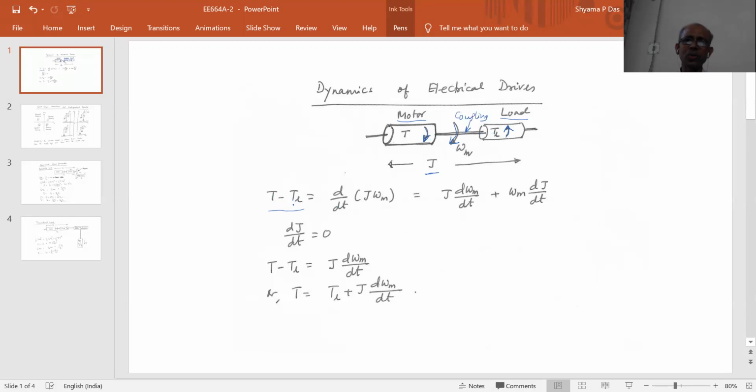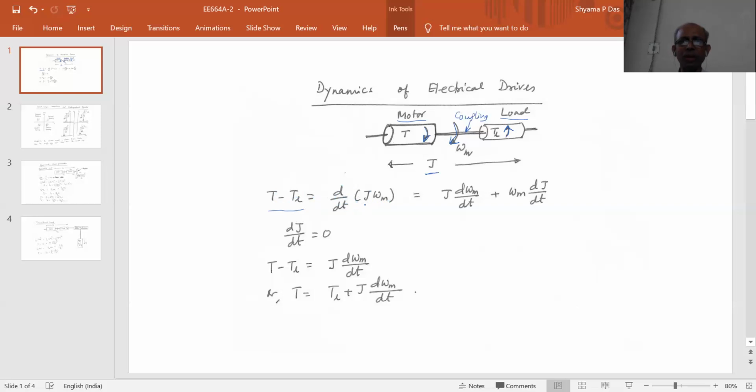Now, what does this do? We have an electromechanical equation. This is, of course, a mechanical equation, and torque is a mechanical variable. We have an angular system here, a rotating system. So T minus TL, the differential torque, is equal to the rate of change of angular momentum, d by dt of J omega m.